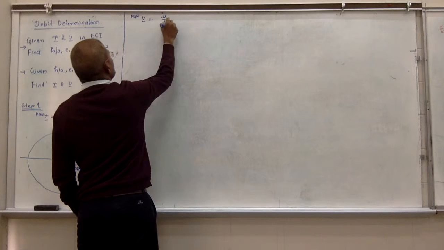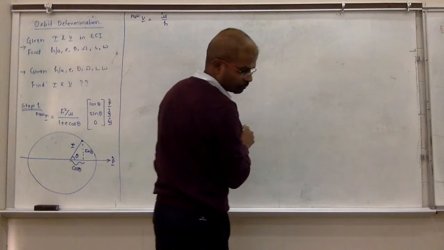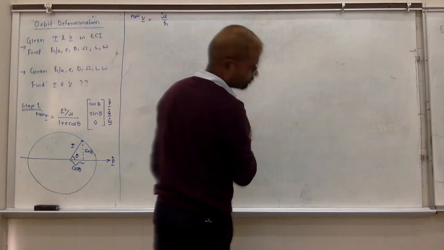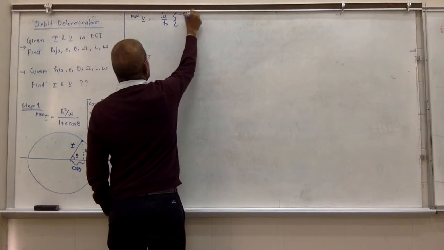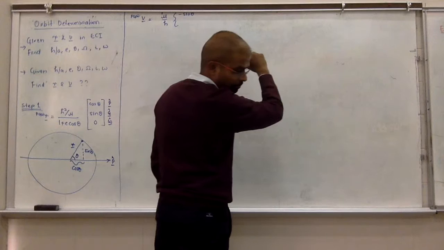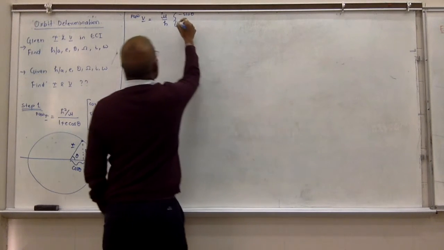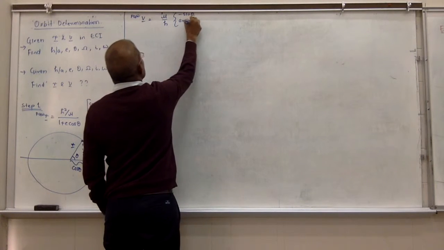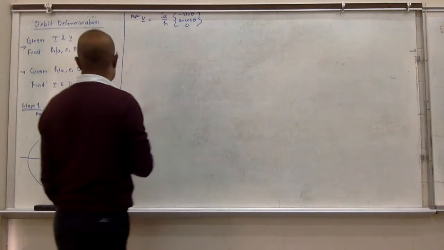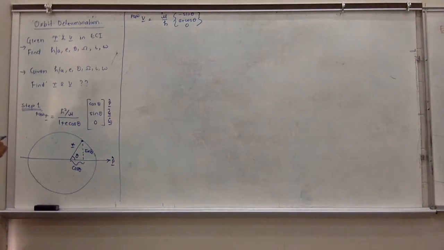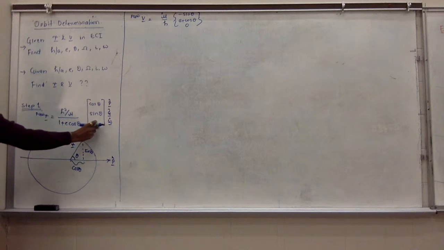mu over h into minus sine theta, e plus cosine theta, and 0. Again, velocity will not have a z component.